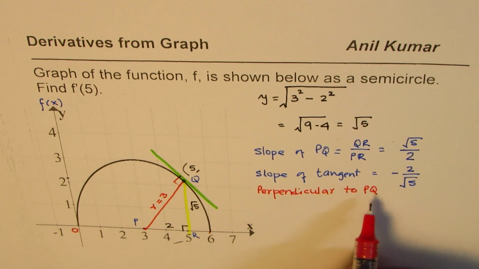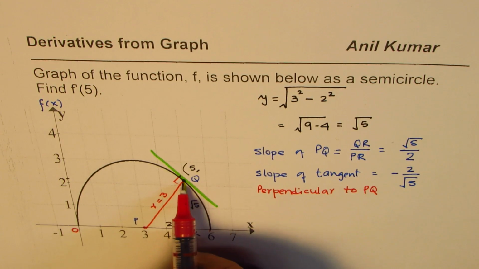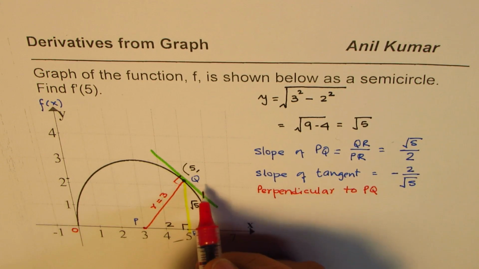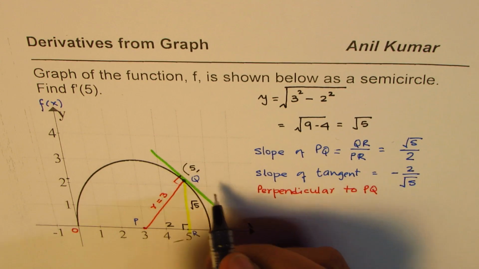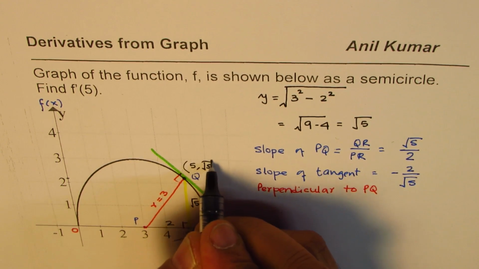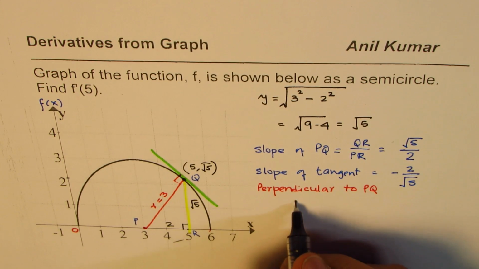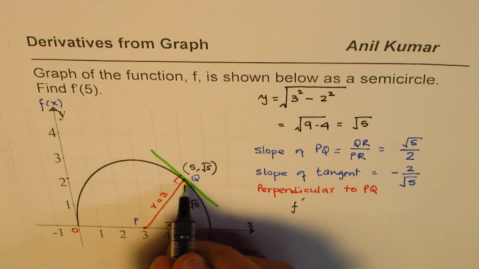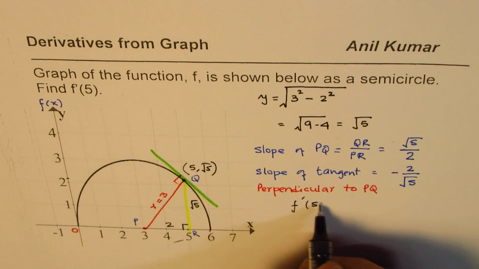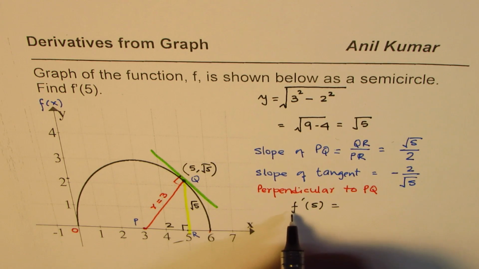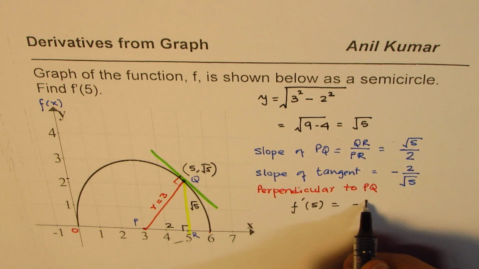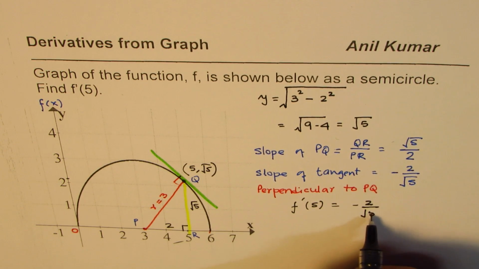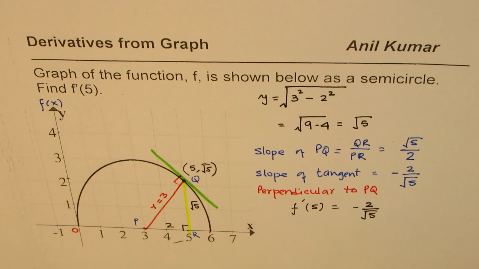So that is how we can find the slope of the tangent at this point Q, right? So this point Q, the y value we just found is square root of 5, okay? So by definition, at this point the slope is f dash 5, right, which is equal to minus 2 over square root of 5. So that is the answer.